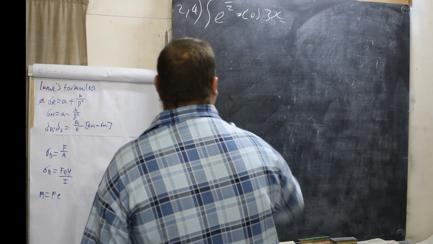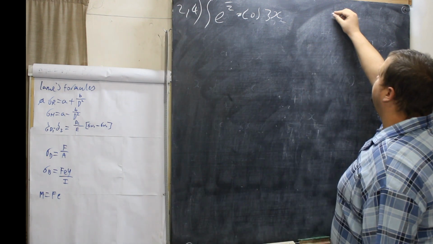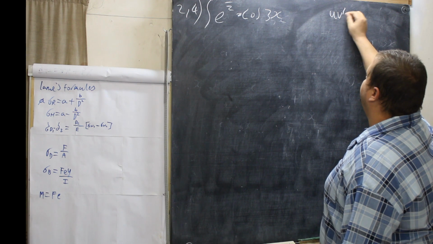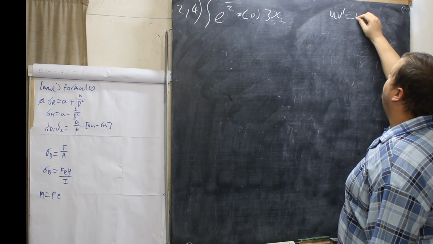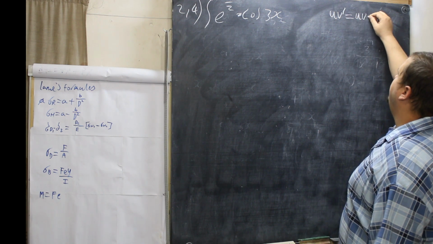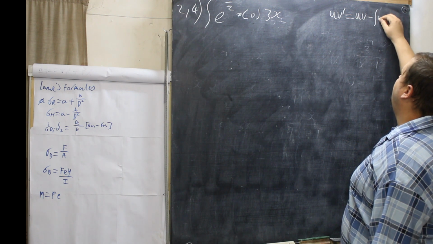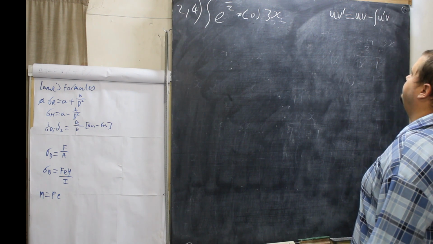So now we have to take the integration by parts: the integral of u v prime equals u v minus the integral of u prime v.